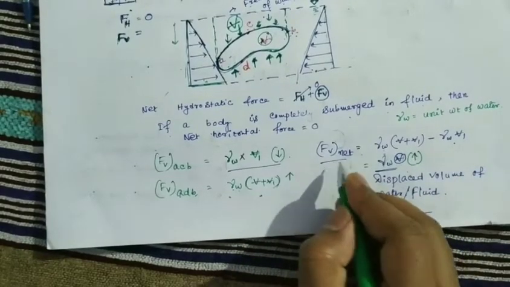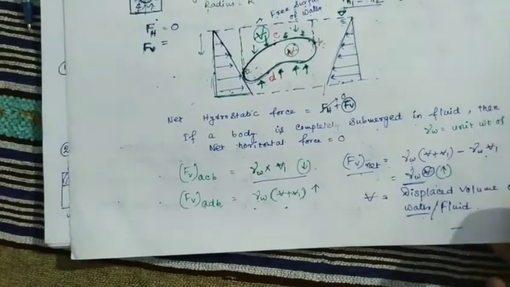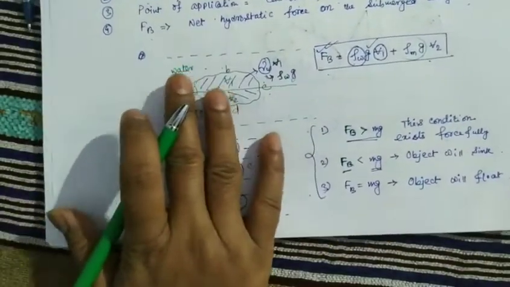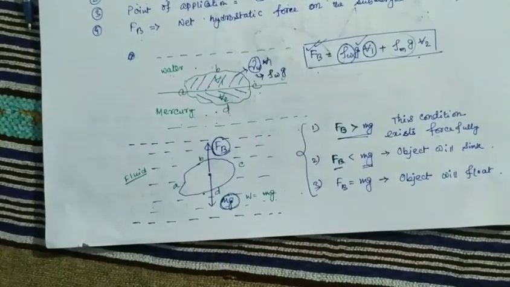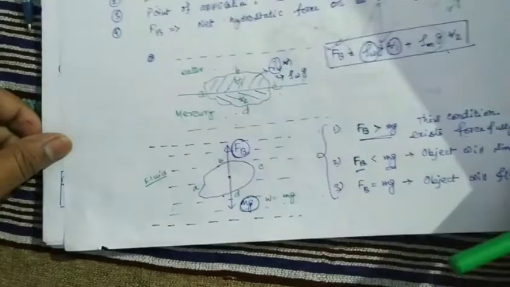So this is nothing but the magnitude of buoyancy force. Point to be noted: buoyancy force always acts vertically upward and the weight of the body always acts vertically downward.